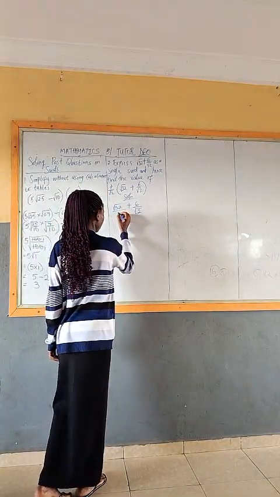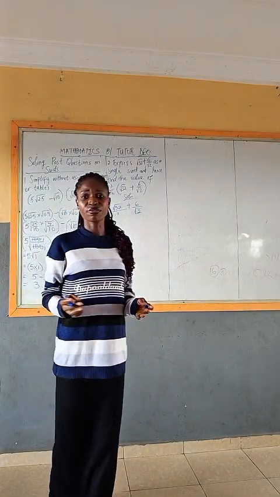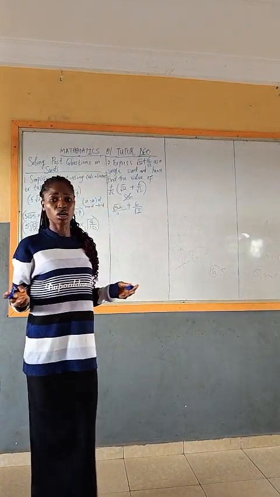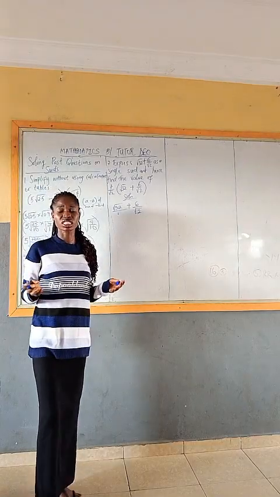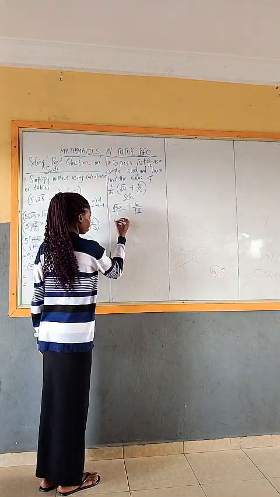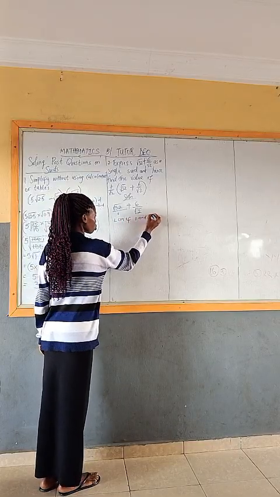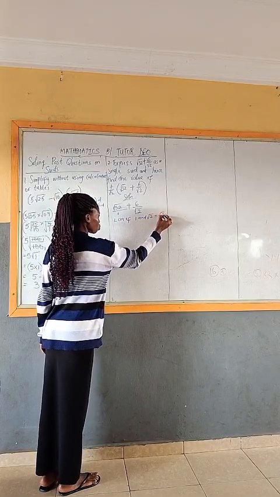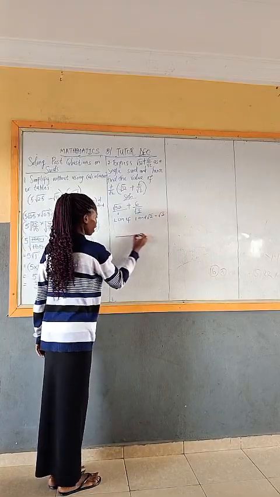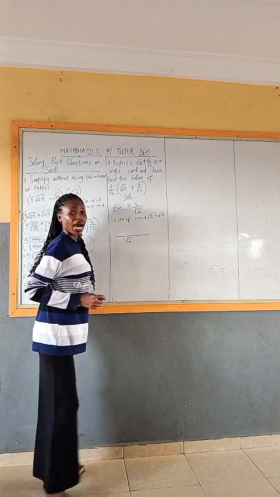So the denominator here is 1. When you have the LCM of 1 and root 2, it gives you root 2. So we are writing this and having our root 2 as the denominator.